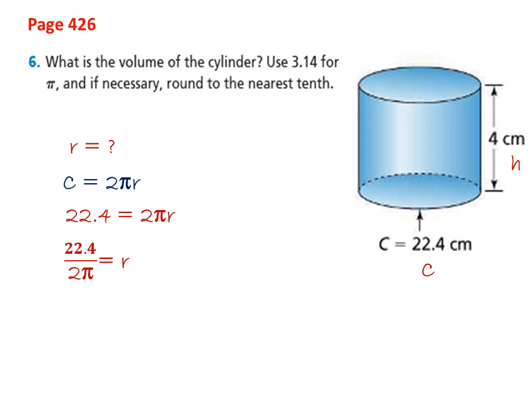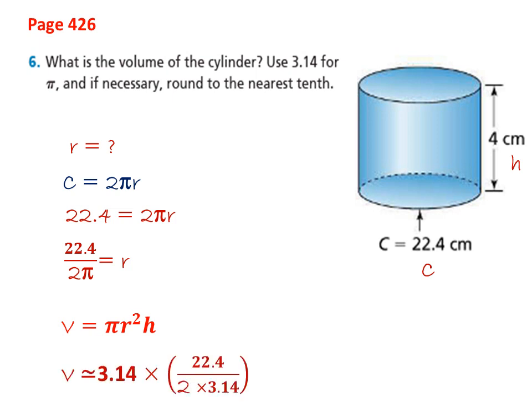Now, can we find the volume? Yes. Of course, our formula to find the volume of the cylinder is V equals pi r squared h. So now it will be, instead of pi, 3.14 times, and instead of r, we'll use 22.4 over 2 pi, means 2 times 3.14.